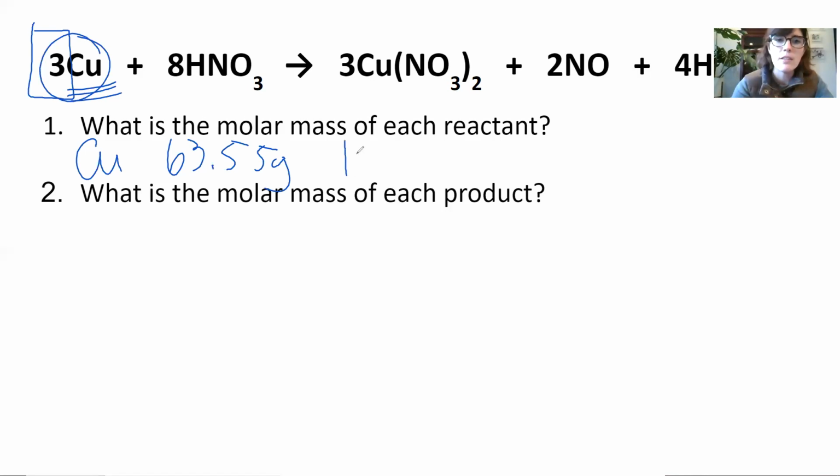so now we can start fixing all of our other ones. So if copper is 63.55, for HNO3 we don't multiply by the 8, we just do the HNO3 alone. Cool, so HNO3, I got a 63. Do I have any more 63s for HNO3?